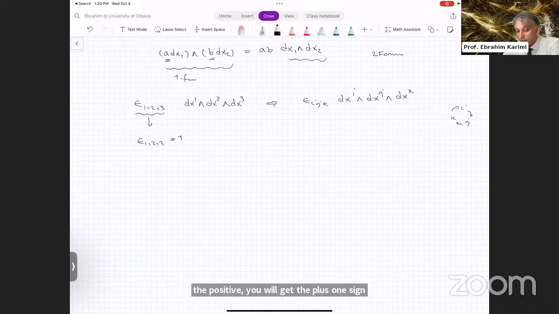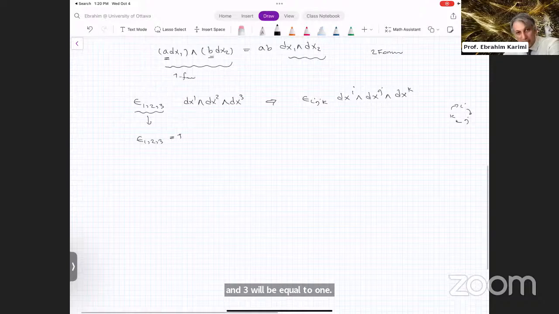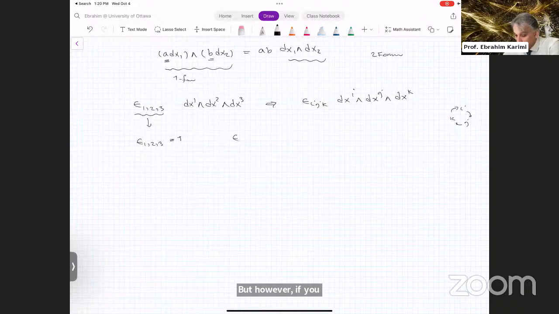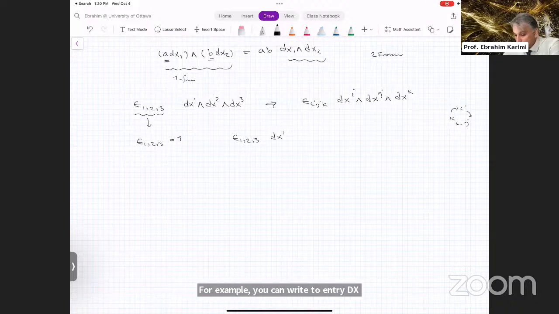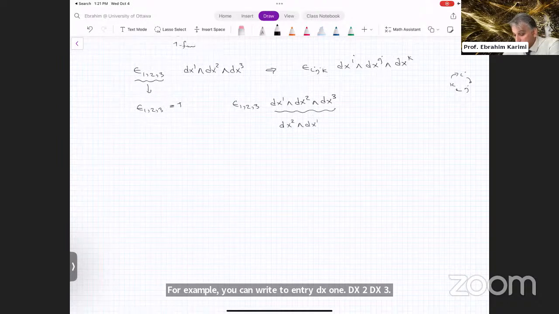However, if you swap them in any fashion that you want, you have to go with the exterior algebra formalism. For example, you can write epsilon 1, 2, 3 dx1, dx2, dx3. Now I can also take these and swap them, so I can write it as dx2, dx1, dx3.